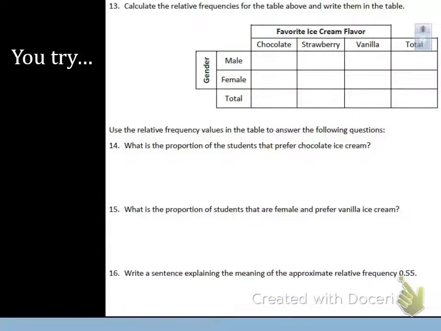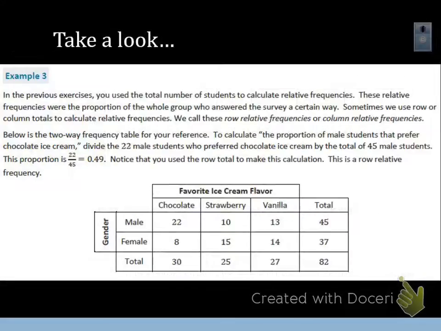All right, let's go ahead and continue on here. We're going to skip number 17, and go look at example number 3. Example number 3 here is similar. It says, in the previous exercises, you used the total number of students to calculate the relative frequencies.